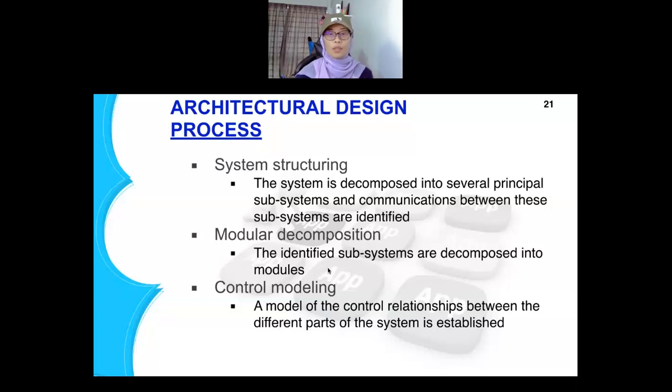So using control modeling, the relationship is directly using the include relationship. The actor is related to the use case only. This is mostly on the authentication system. You control what the users can do.